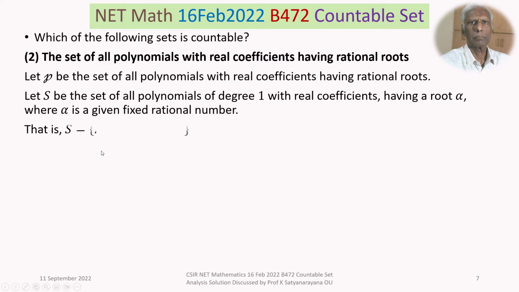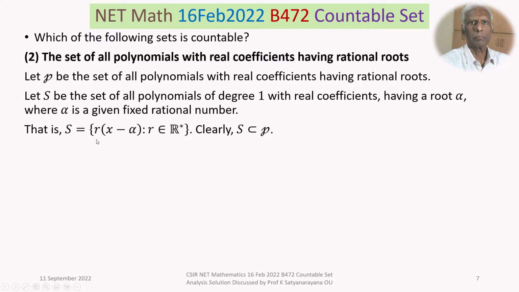So that means S is equal to the set of all r times x minus alpha. r times x minus alpha will give you all polynomials with real coefficients of degree 1 having a root alpha, where alpha is a given fixed rational number.